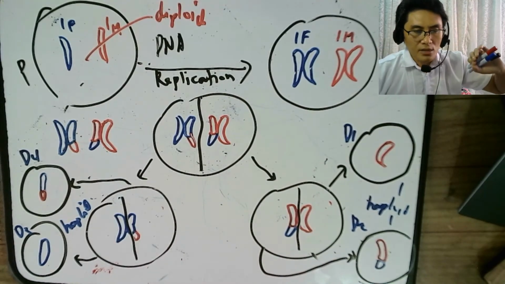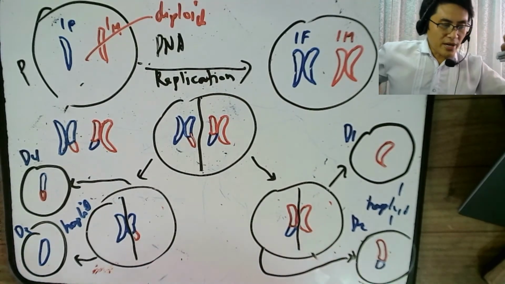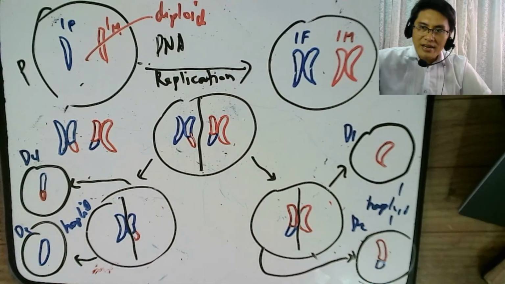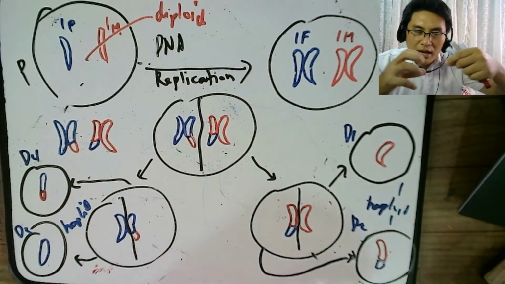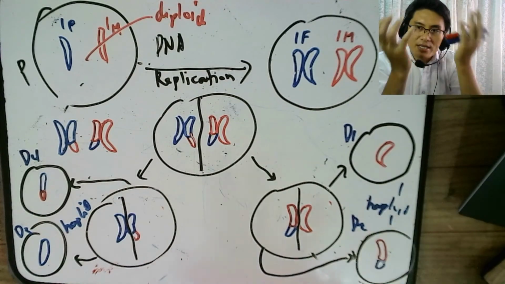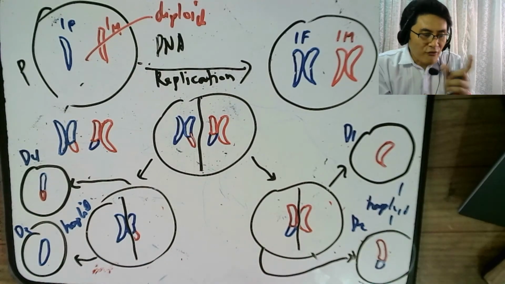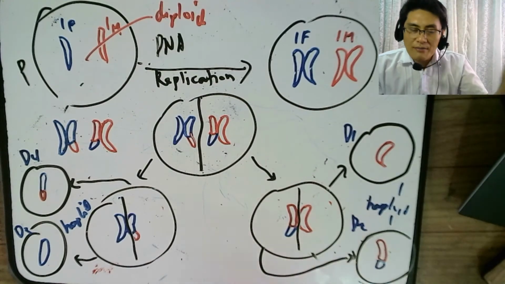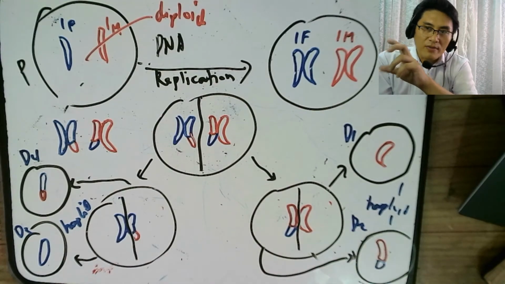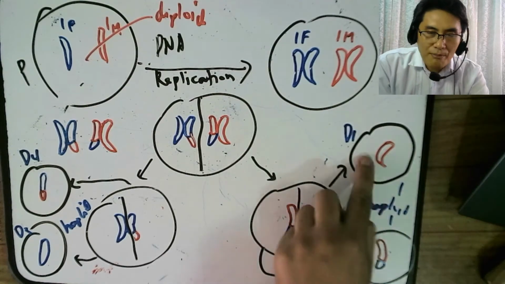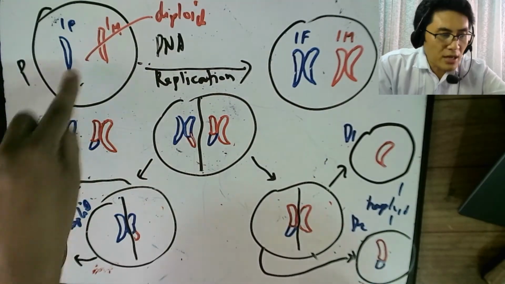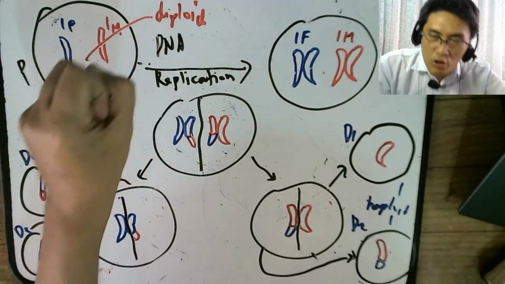Remember during our discussion in the first reading about some parts of the reproductive system, it's an egg cell and a sperm cell that join together and form a zygote. So that means half of the DNA material is coming from the sperm and half is coming from the egg cell. So if a haploid sperm cell meets another haploid egg cell, they will become a diploid when they join together.